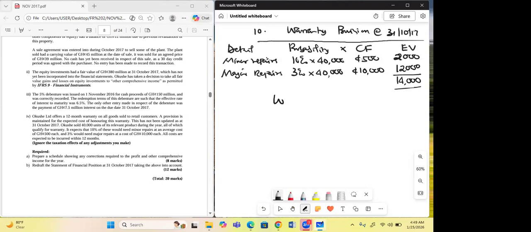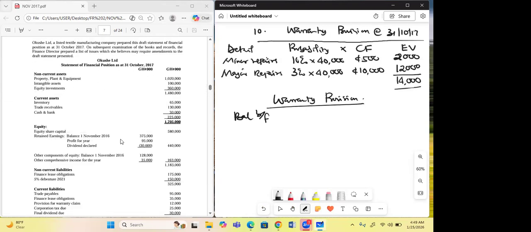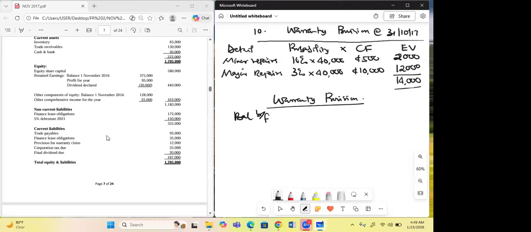In the warranty provision account, how will I treat this? How do you measure a provision subsequently? We compare the opening balance to the closing balance. What was the opening balance in the unadjusted statement? Look at the current liabilities. The opening balance is 12,000.